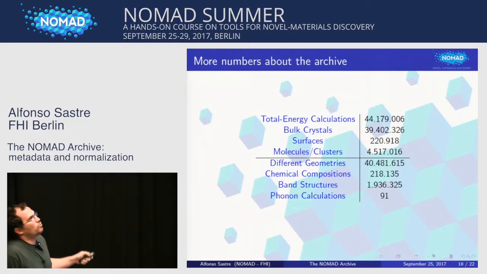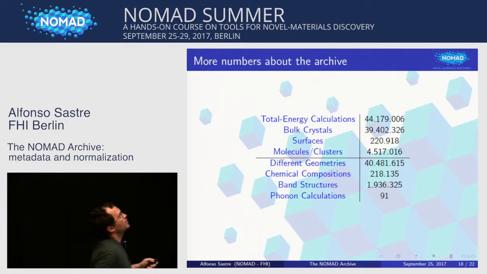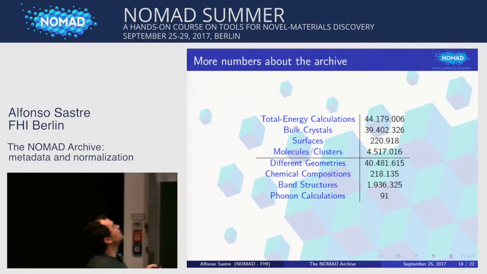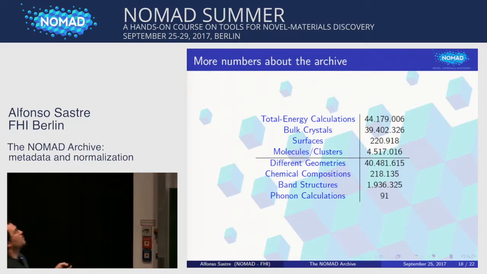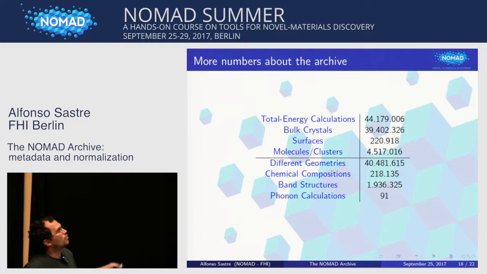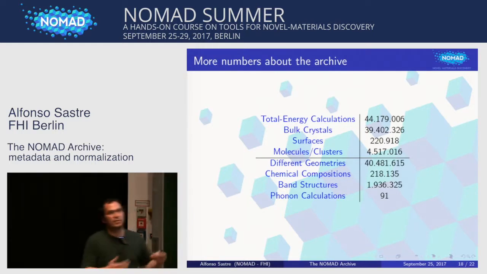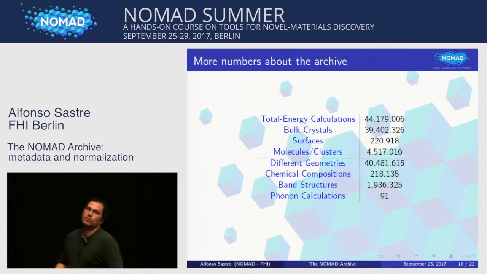Using this, you can query the archive, and you can get results like this. For example, how many total energy calculations we have, which are bulk crystals, surfaces, molecules, or other properties. Okay? So you can do statistics. Because the point is, once you have terabytes and terabytes of data, it's important to know what you have.